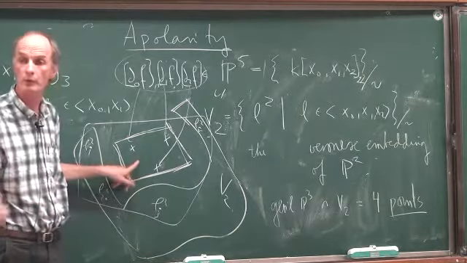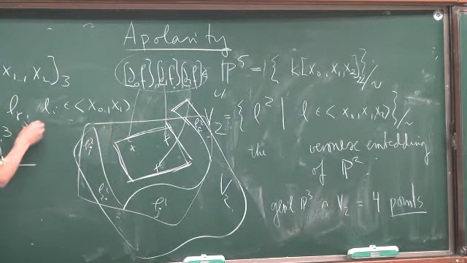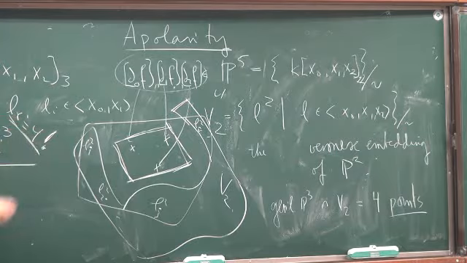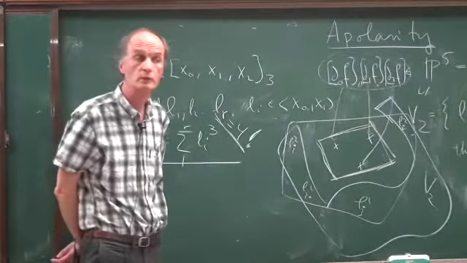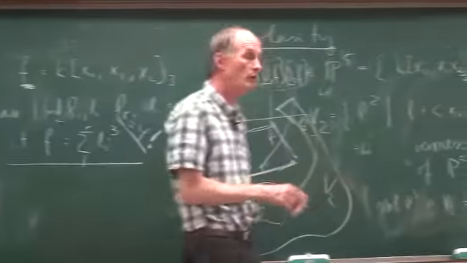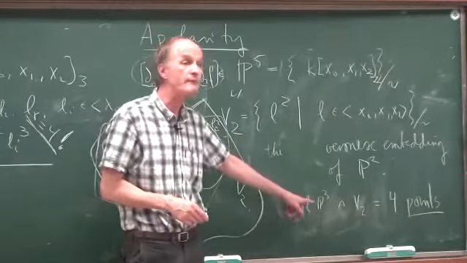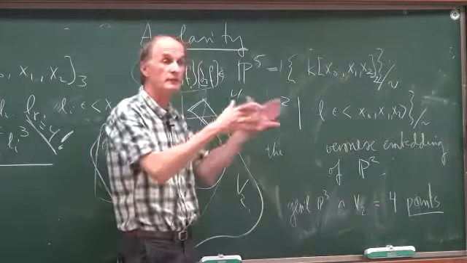So I can take any one of those and I get R equal to 4. That works. But with this construction I can actually see a little bit more, because as I said, every P3 that contains the plane will intersect in 4 points.